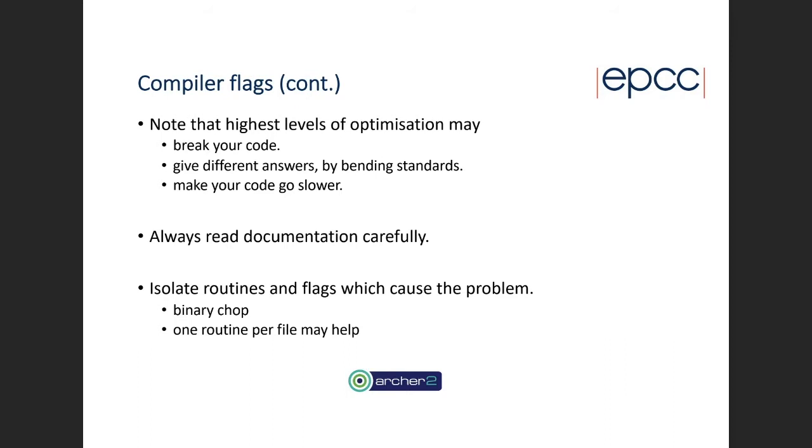Also, depending on the code base you're working with, having relatively few routines per file might be helpful. Maybe one routine per file is excessive, but not having files with 50 different functions in it might be helpful.